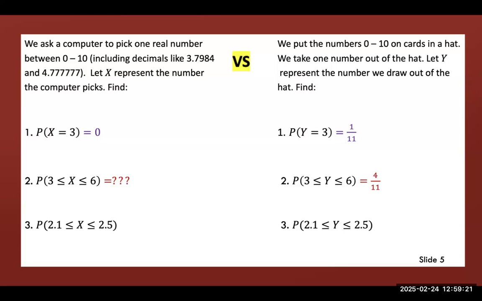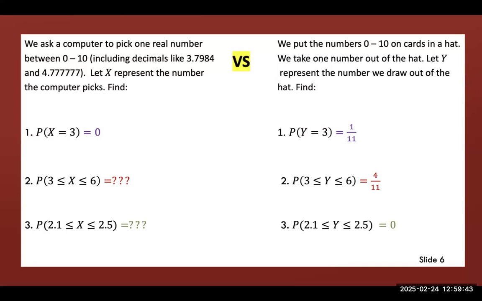Now let's go back to the problem on the right. If I randomly draw a number out of a hat, what's the probability it's between 2.1 and 2.5? Well, that probability is 0 because I can either draw the number 2 or the number 3, I can't draw the number 2.1 or 2.5 or anything in between. So that probability is 0.